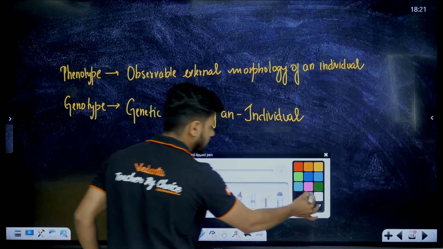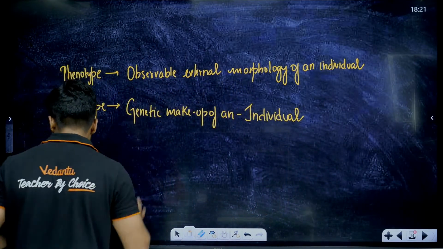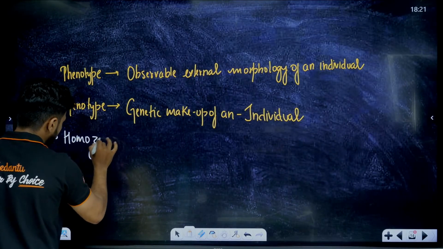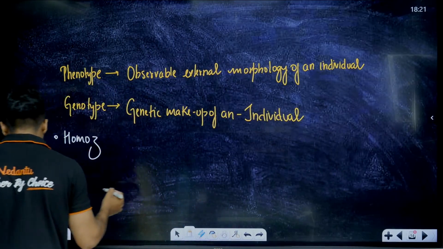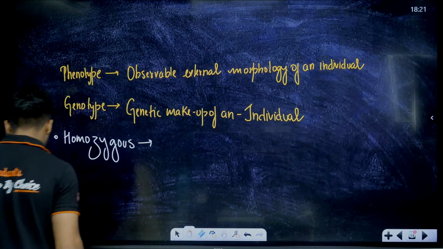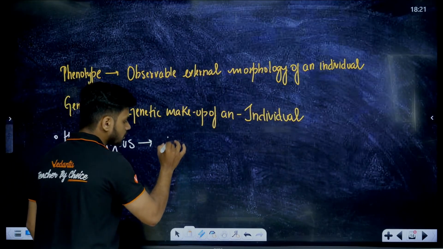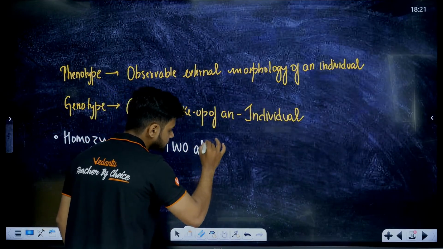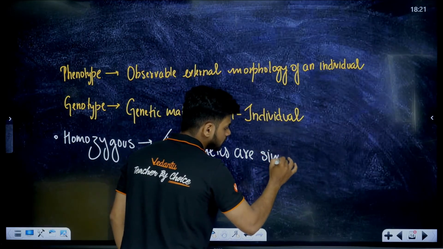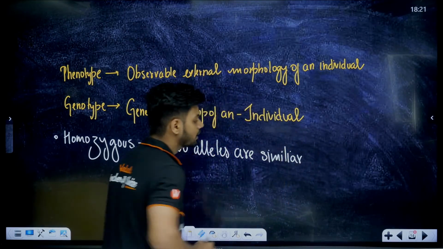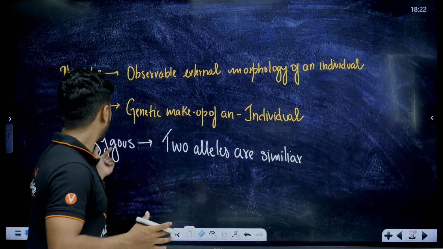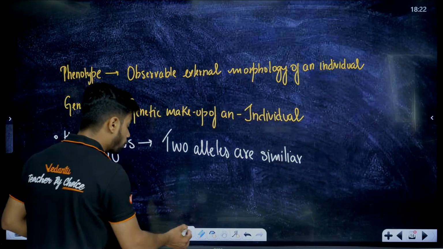The next thing which I want everyone to understand in the basics of genetics is the meaning of homozygous. Now, what is this homozygous condition? In homozygous condition, the two alleles are similar. The two alleles are similar in shape, they are similar in structure, or they are exactly the same. They are called homozygous in nature.